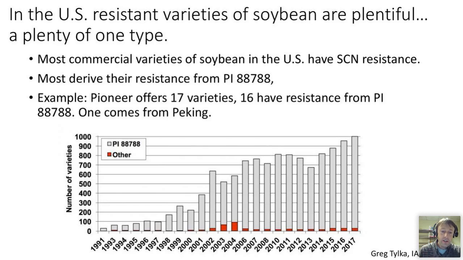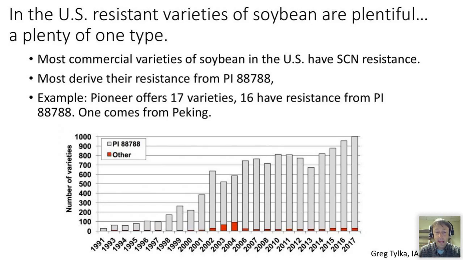But for each of these bars, the total height is the number of SCN resistant varieties, but the red portion is the portion of those varieties that get their resistance from something other than PI 88788. So even though the total number of resistant varieties that are commercially available has increased quite substantially over the past couple decades, it's remained the case that almost all of them derive their resistance from PI 88788.